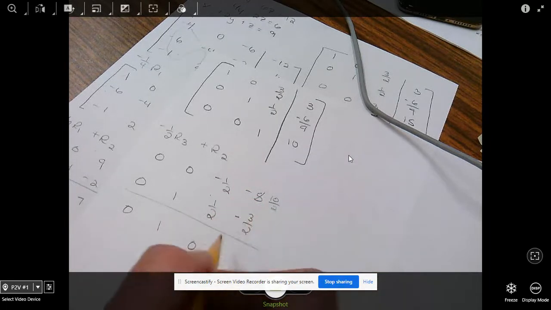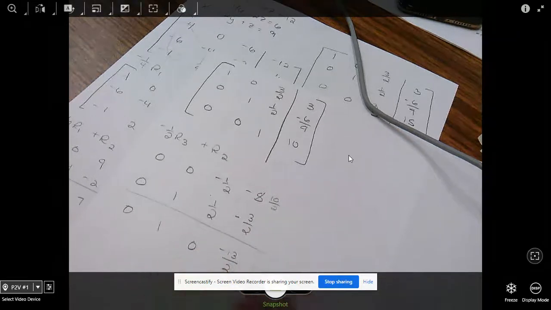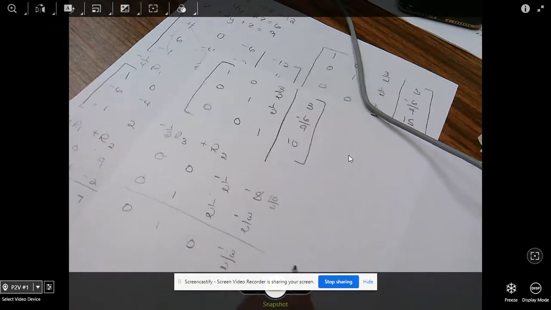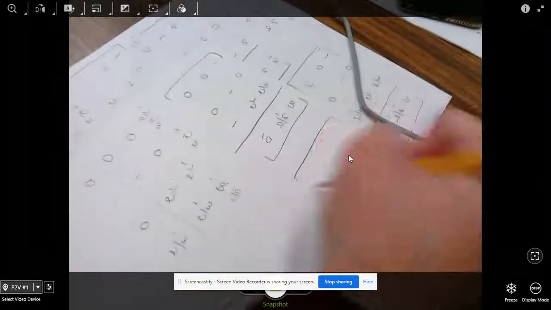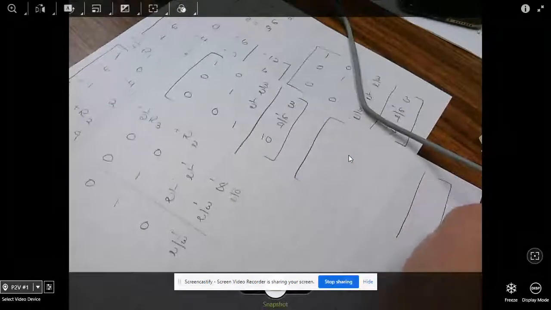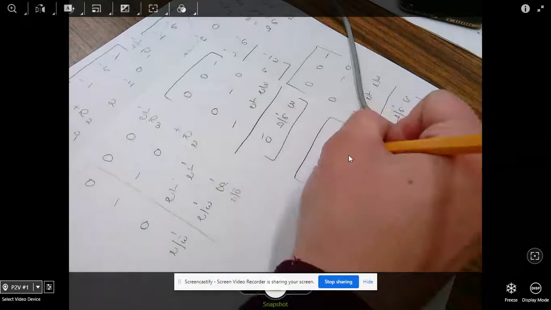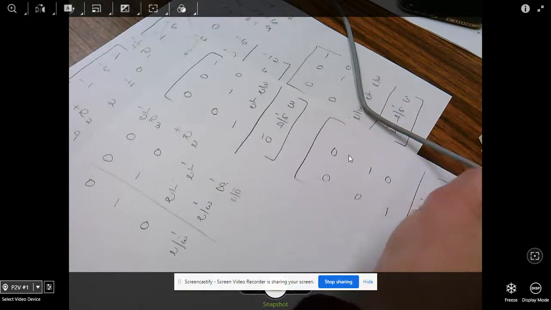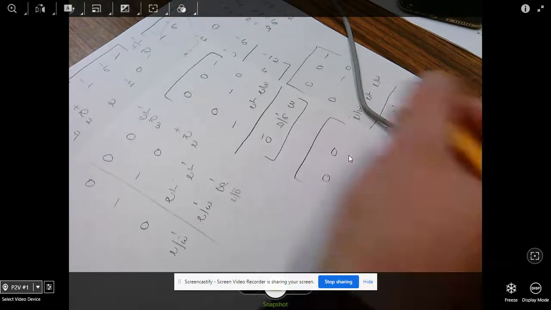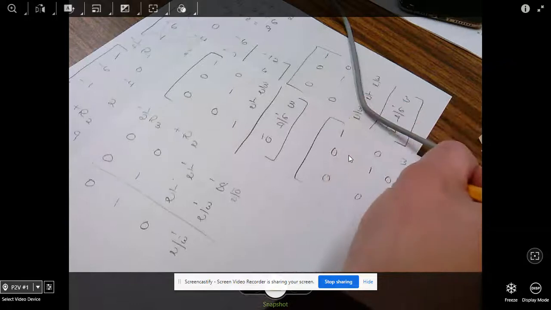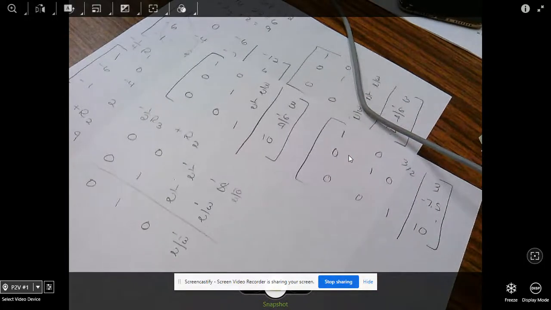So it's going to be -13 halves. So you're going to get 0, 0, 1, 10, 0, 1, 0, -7.5. And then 1, 0, 3 halves, 3. I don't feel like that's right. But let's keep going.